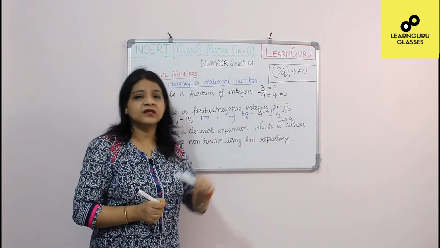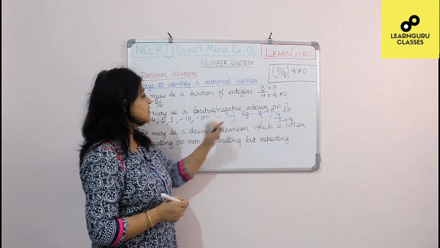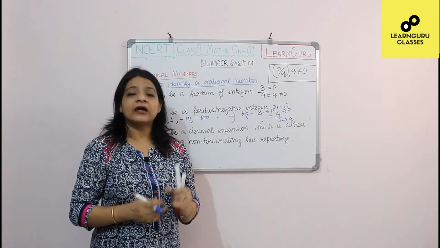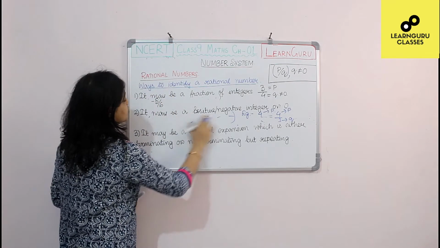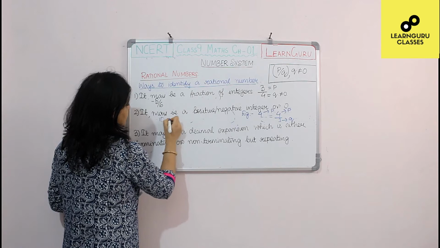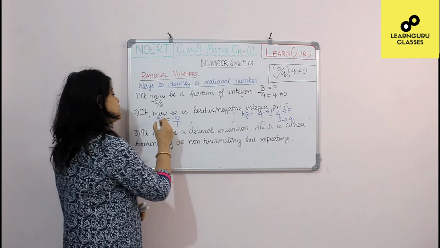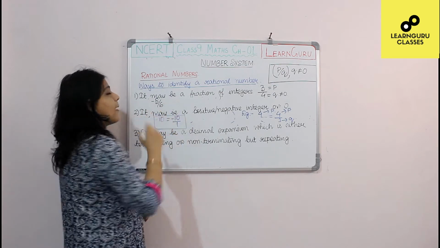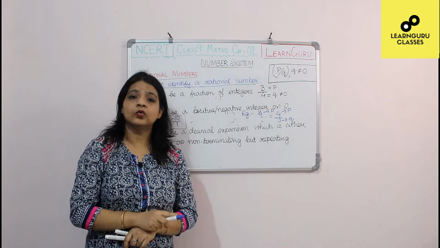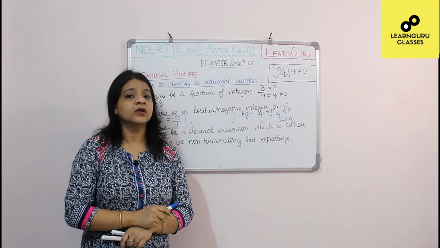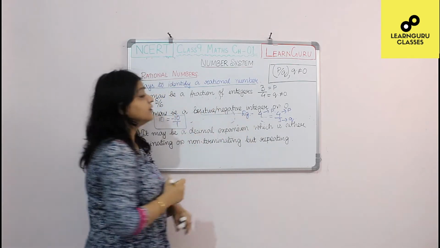Integers, whether positive or negative, for example -10, can be written as -10 by 1. So this is also a rational number, since it can be expressed in the form p by q and q is not equal to 0. This part, I think, is clear to you.